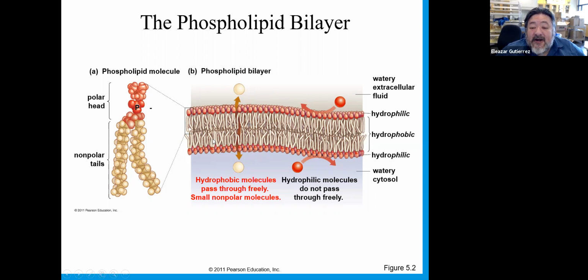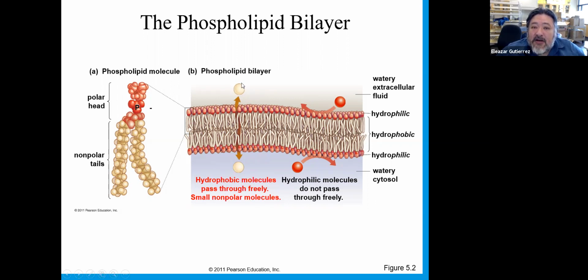Here's our phospholipid bilayer. And here it says hydrophobic molecules pass through freely, small nonpolar molecules. These two mean the same thing: hydrophobic molecules and small nonpolar molecules. These are two different ways of saying the same thing.